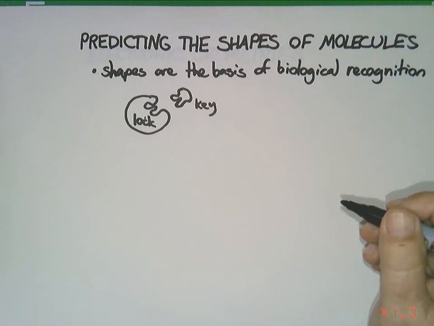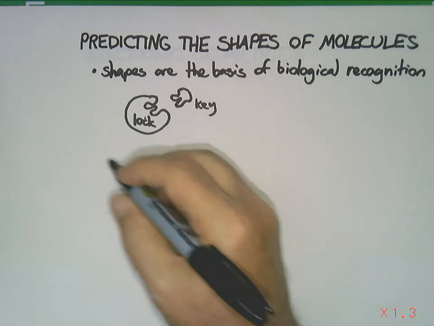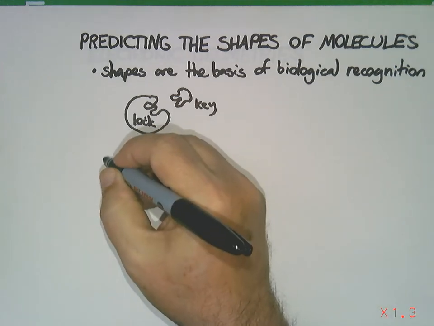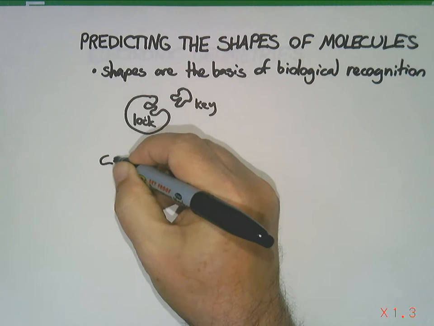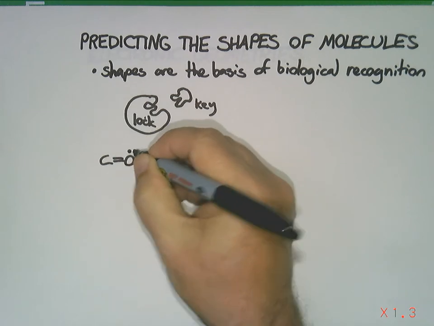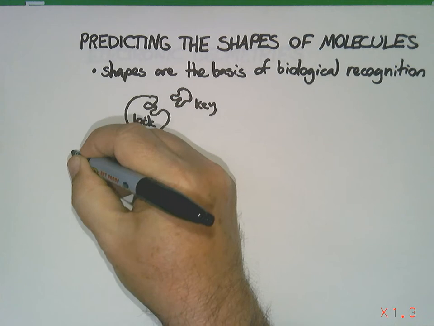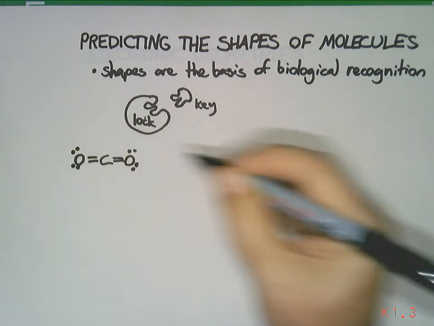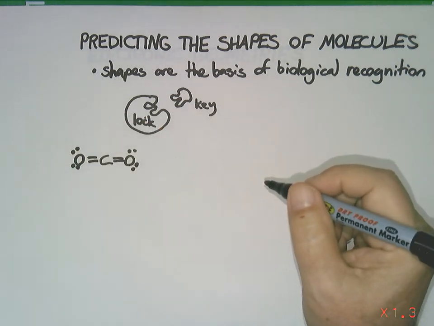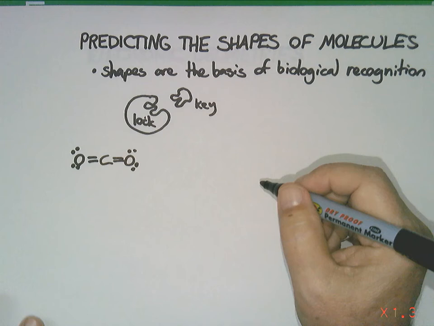Let's look at, let's say, a CO2 molecule. And I'm going to just draw the Lewis structures here. You've already seen the Lewis structures for these, built up step by step in earlier videos.